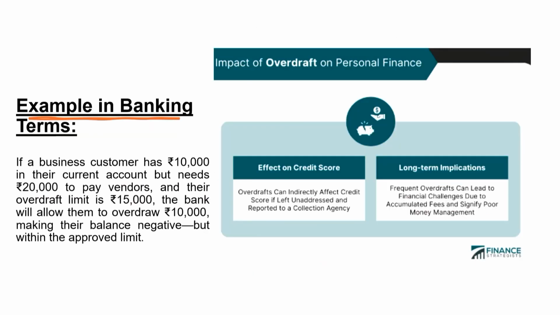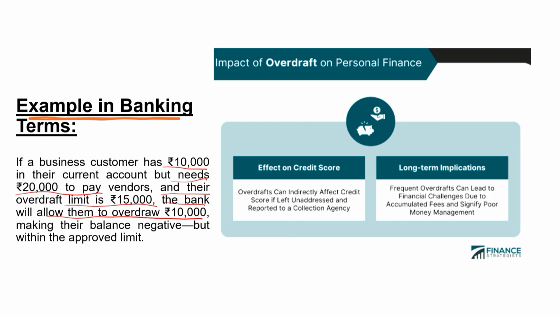Now let us understand it more carefully with the help of an example. Suppose you have rupees 10,000 in your current account but you need to pay rupees 20,000 to a vendor for purchasing raw material, equipment or tools. In such cases, the bank may offer you an overdraft facility with a limit of rupees 15,000. Then the bank will allow you to overdraw an excess of 15,000 rupees from your bank account.